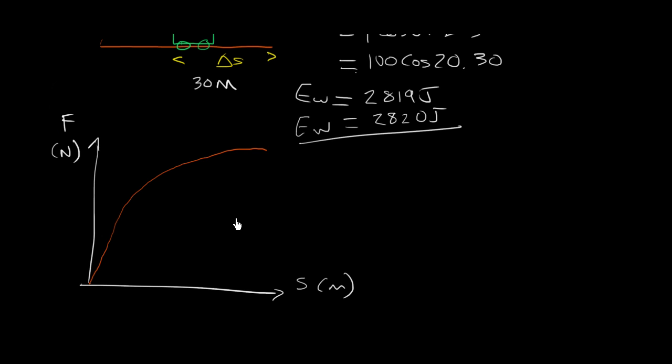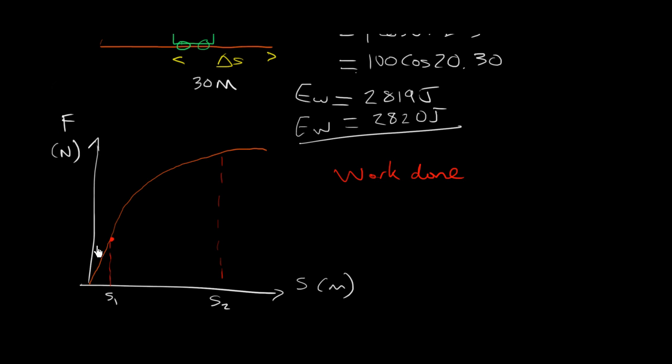Then if I wanted to know what the work done by that force throughout this displacement on an object is, all I need to do, let's say that here I was at a displacement of S1, and here I was at another displacement S2.